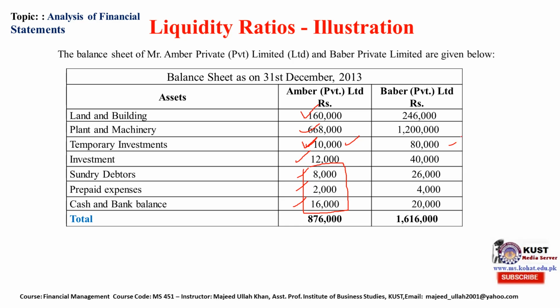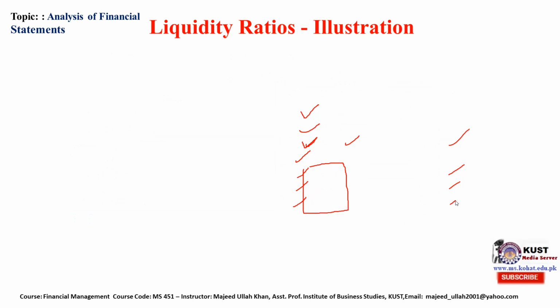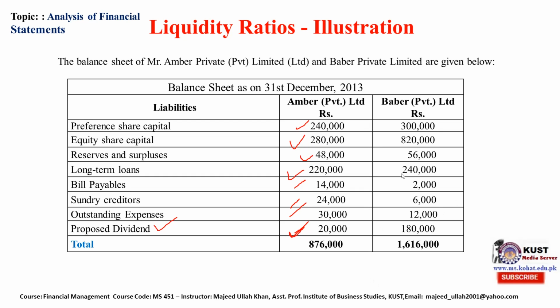This one, this and this. Now what are current liabilities? These are current liabilities: bills payable, sundry creditors, outstanding expenses, and proposed dividend. So we add these values and put them in the formula.